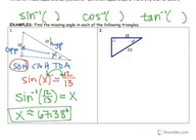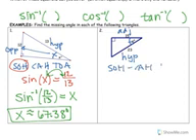So the angle is angle A, okay? That's what's given. I'm given the adjacent side and the hypotenuse. All right? So now let's look at SOHCAHTOA. Adjacent and hypotenuse, I think that is cosine, right? So let's set up our equation.